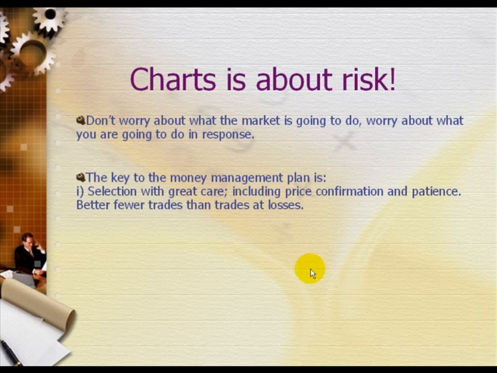Well, because again, it reduces the risk of getting into bad trades. And you'll see some of these examples as I take you through them about how this works. But also, let's remember fewer trades. It's better to have fewer trades than it is to have losses. This again is where charts come in. So I just want to give you this kind of background as to why we're looking at all of this.